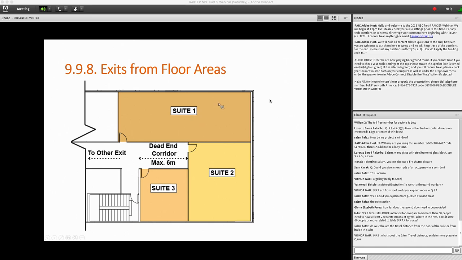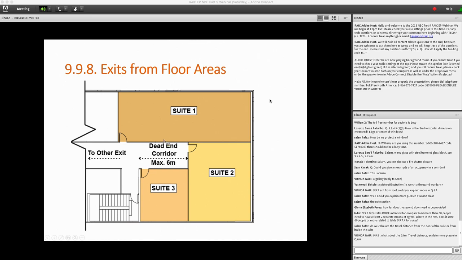So this sketch that we have here is just to have a look at how, for instance, we measure the travel distance and all that. So this is a typical floor area that contains 3 suites. Right?